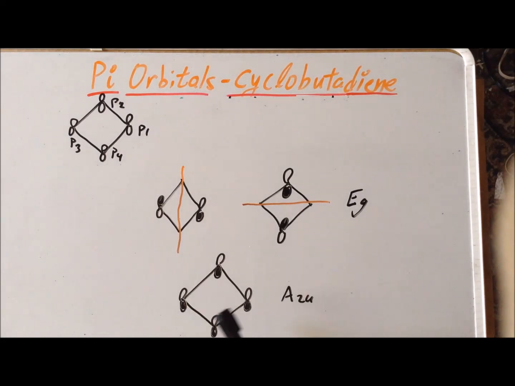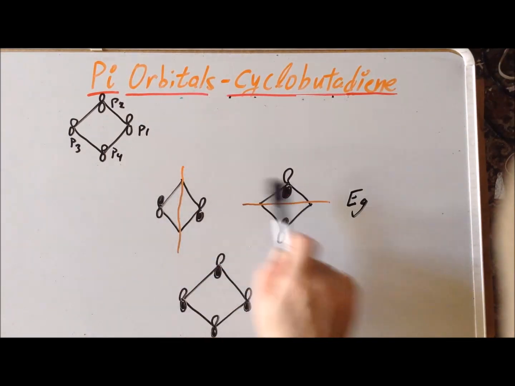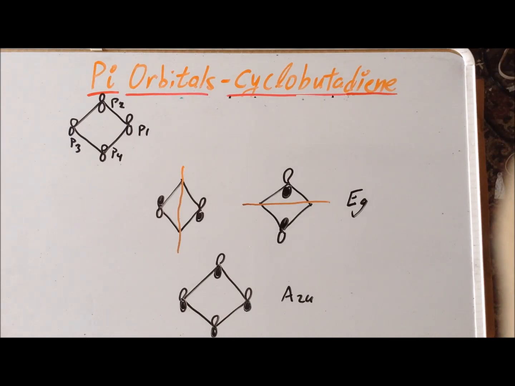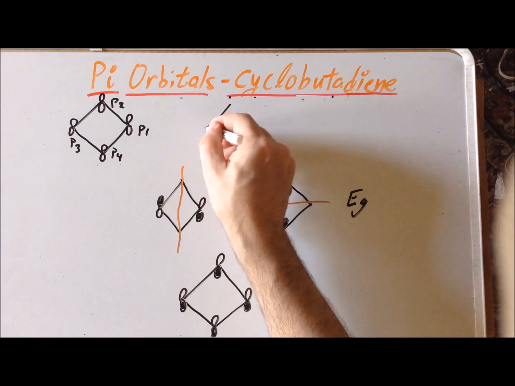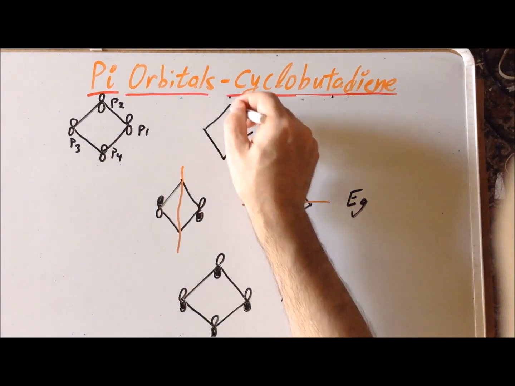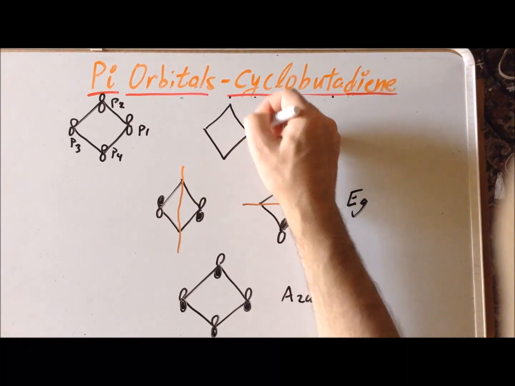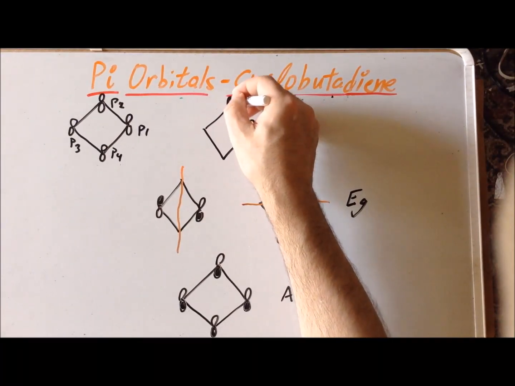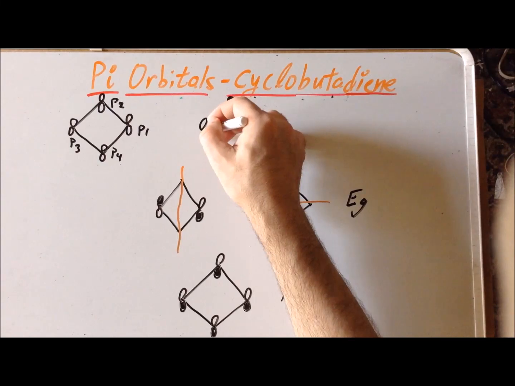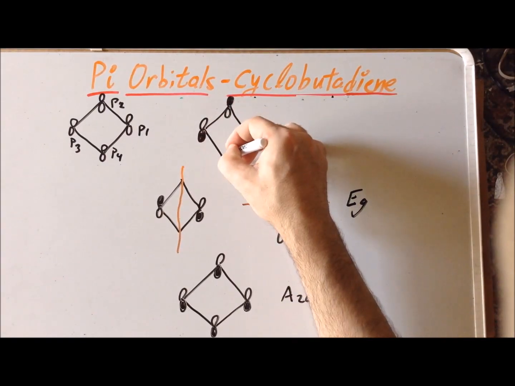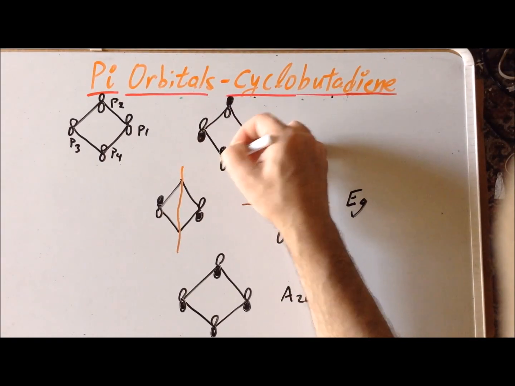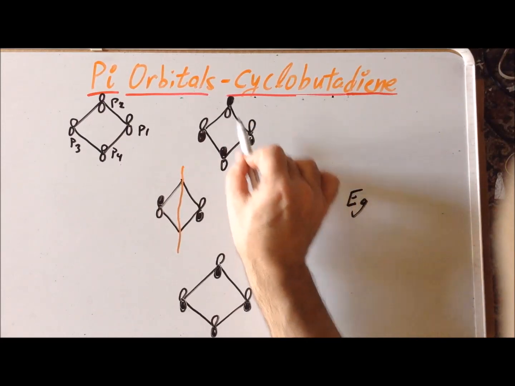Because we start with one node, 0 nodes, and then one node, our highest combination is going to be the B2U combination. And recall that here we have P1 minus P2 plus P3 minus P4. Since we have alternating signs, we have alternating phases.